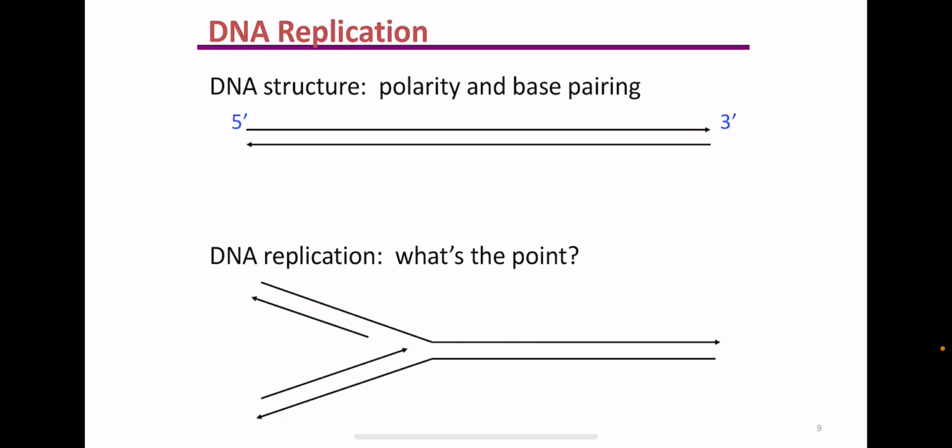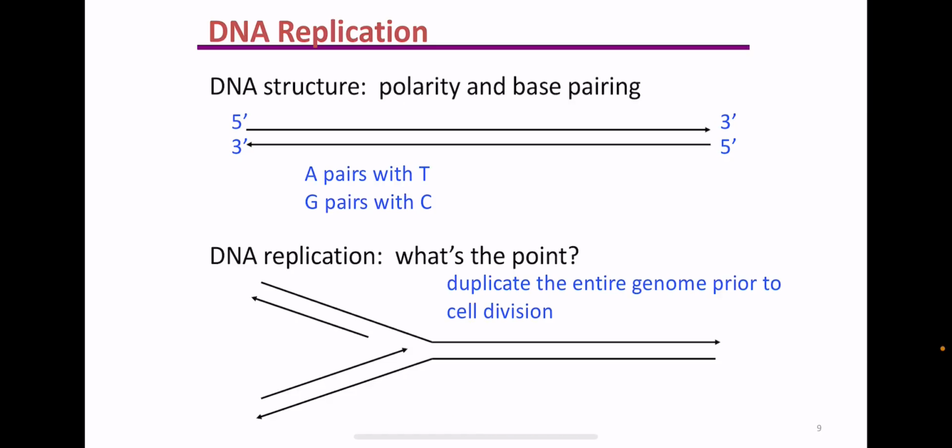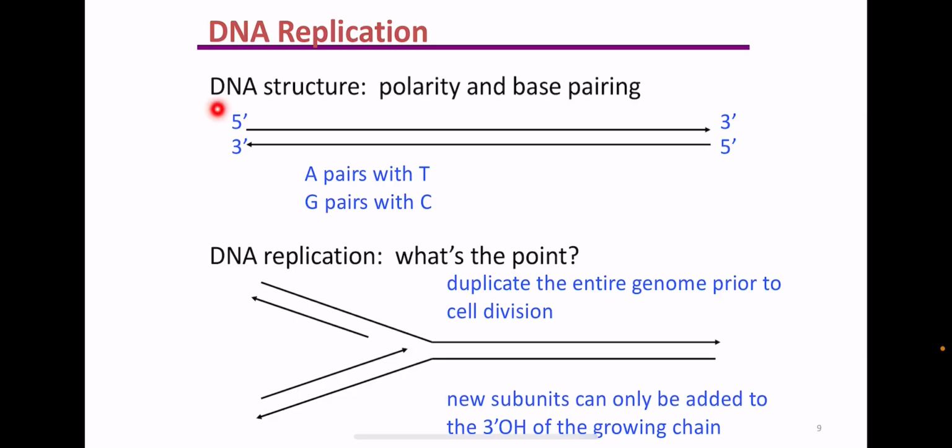At the end, you are going to get two daughter molecules. Okay, so DNA has a polarity, and the two strands have to be anti-parallel. They shouldn't be parallel. So the 5' end should be in the same direction as the 3' end of the other strand, and not the 5' end of the other strand.